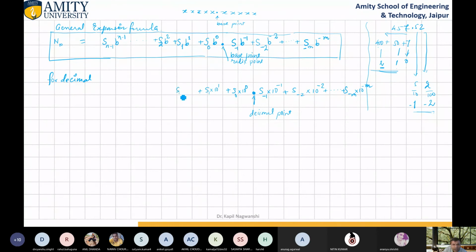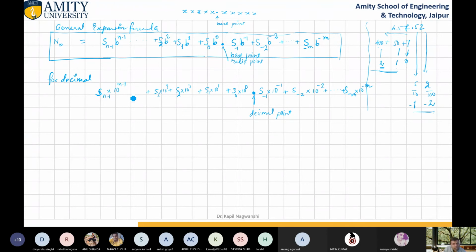Then this is the second digit into 10 to the power 2. This is the third digit into 10 to the power 3. This is the n minus 1 digit into 10 to the power n minus 1.